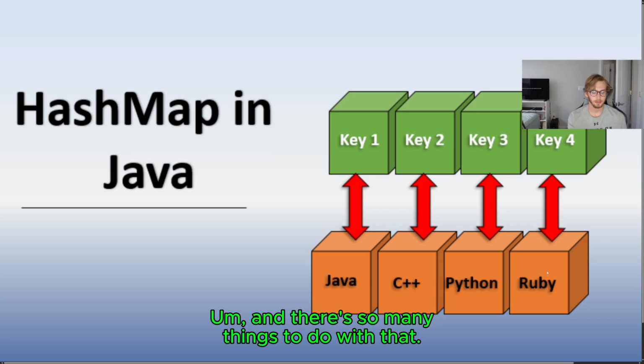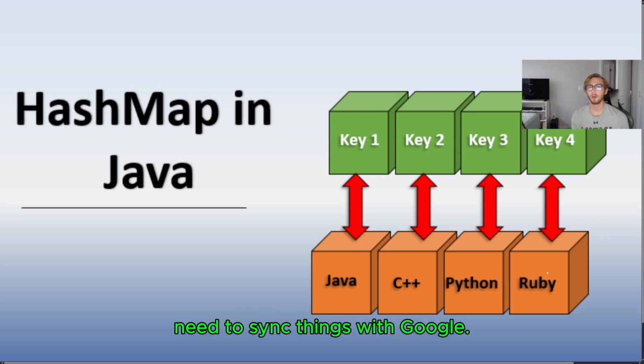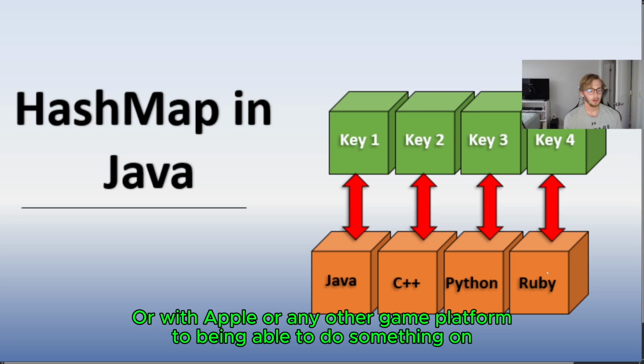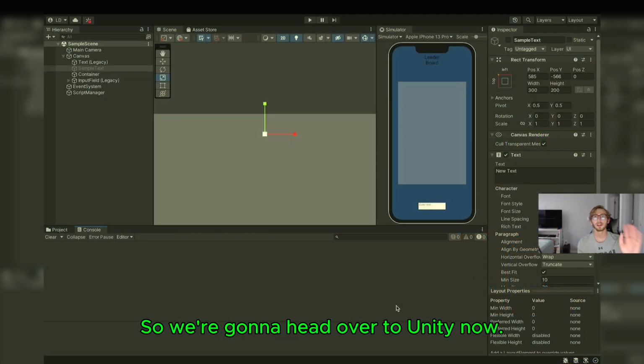And there's so many things to do with that. Apple has it as well. But sometimes there's something nice, if you don't need to sync things with Google or with Apple or any other game platform, to being able to do something on your own, make your own leaderboard. So that's sort of what I did. So we're going to head over to Unity.